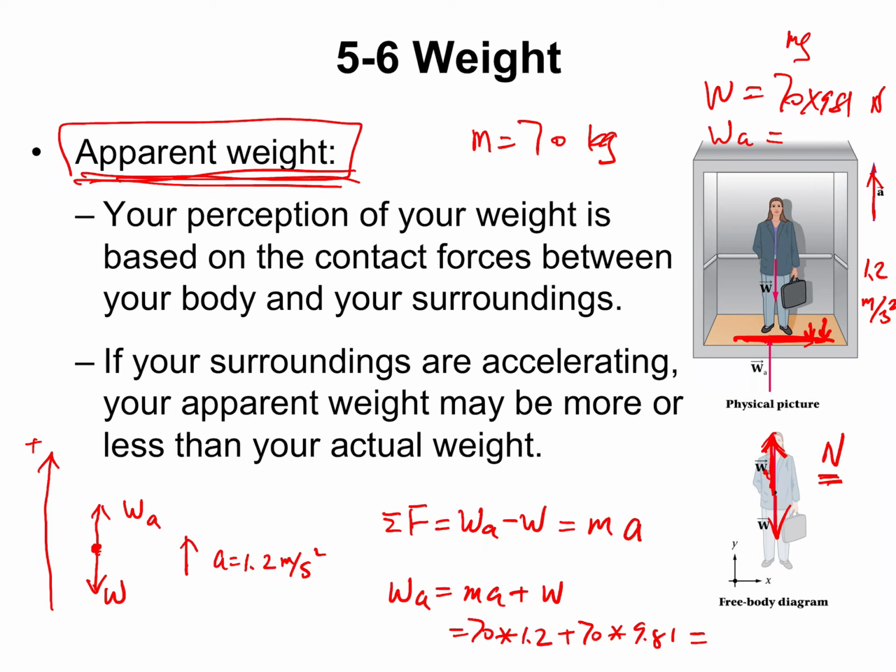Let me use my calculator to figure out the apparent weight. The apparent weight is 70 times 1.2 plus 70 times 9.81, which equals 770.7.